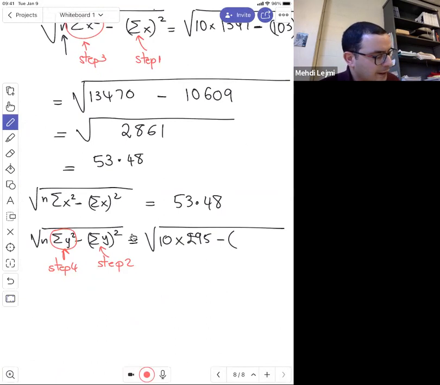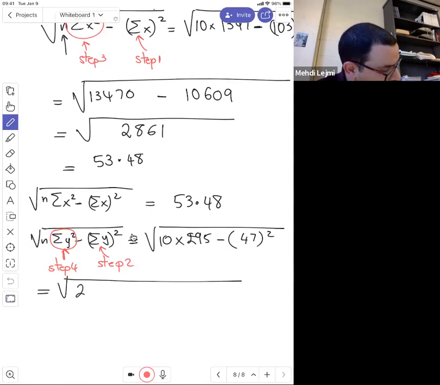So from step 2, the sum of the y's, we said it's 47, and then we apply a square. So this is the square root of 10 times 295, that's 2,950, minus 47 squared. 47 times 47 is 2,209.